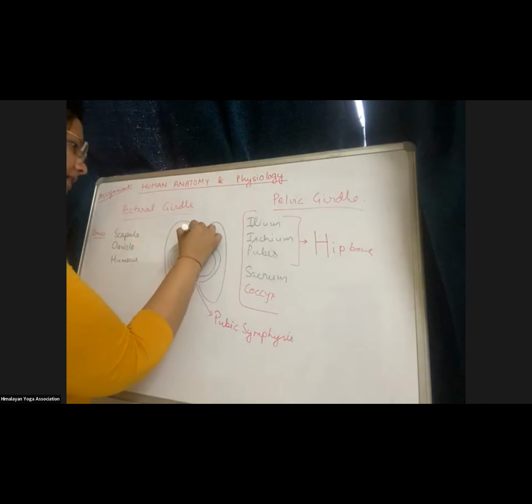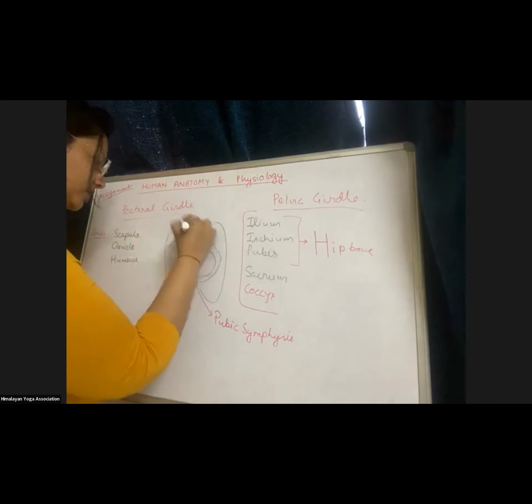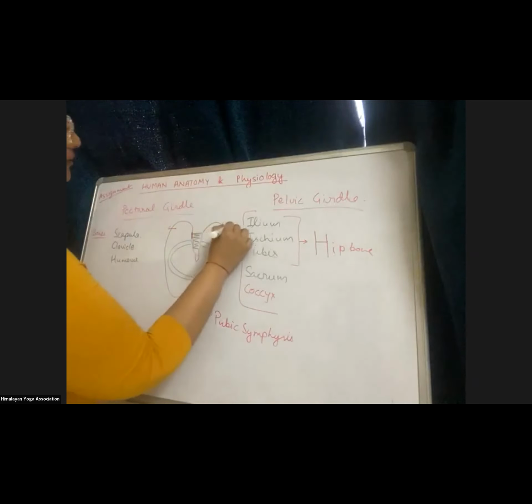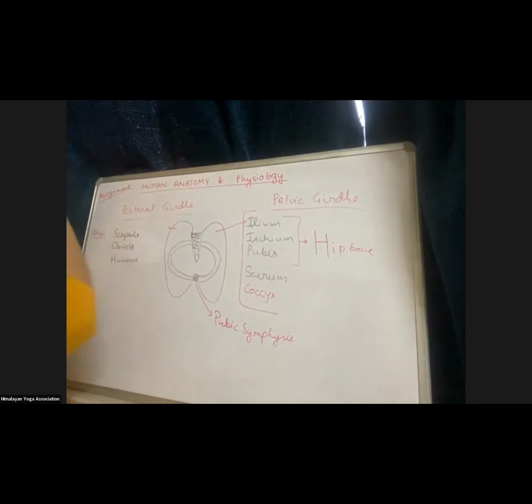So first tell me what this portion is called. That is the ilium, the iliac crest. And what is this inferior part called?